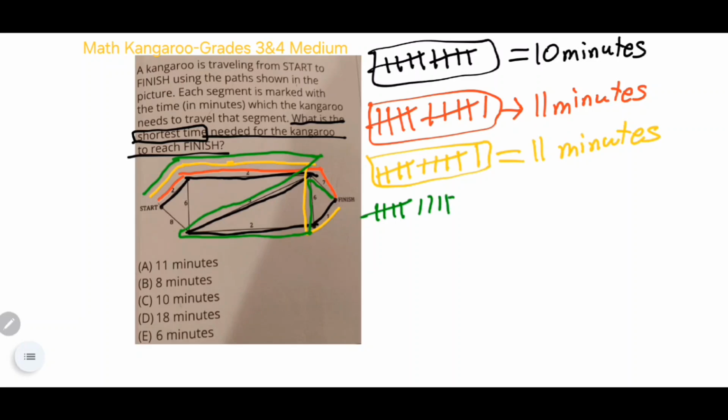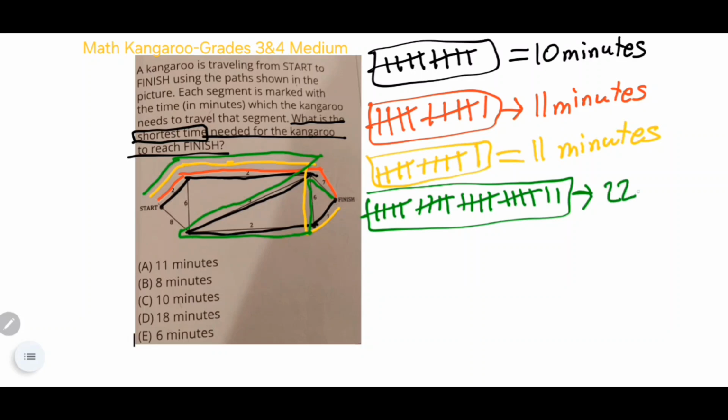Then 6, so 1, 2, 3, 4, 5, 6, and then 7, so 1, 2, 3, 4, 5, 6, 7. This is a lot, but they're asking shortest time. This is 5, 10, 15, 20, 21, 22 minutes, which is not even an option.